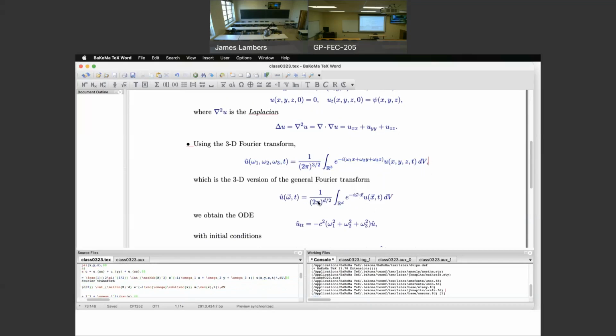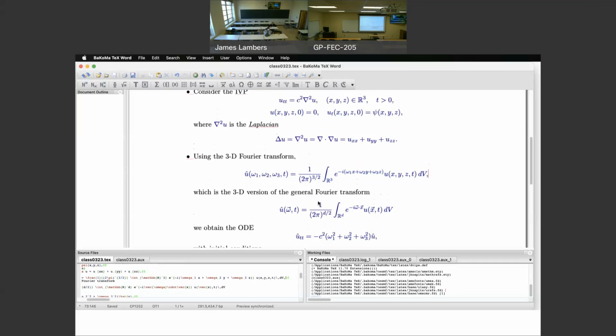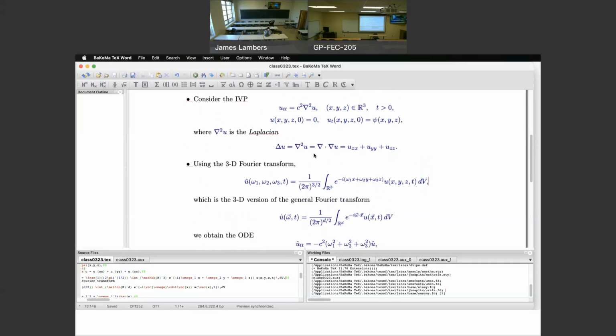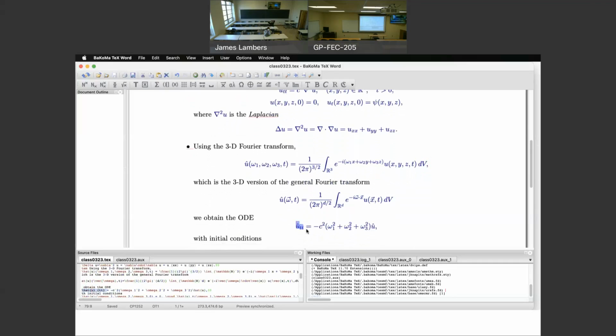When we take the Fourier transform of the PDE, that works like it did in one dimension also. You take the Fourier transform of a time derivative, you just get the time derivative of the transform. So notice it's u hat tt. And you also remember when you take the Fourier transform of a second derivative with respect to x, you multiply by minus omega squared. Well, that's true here too.